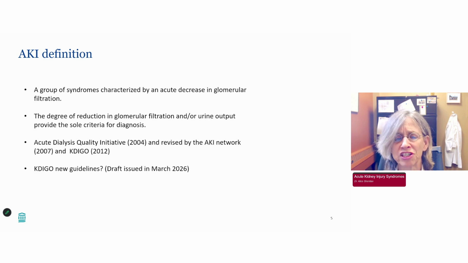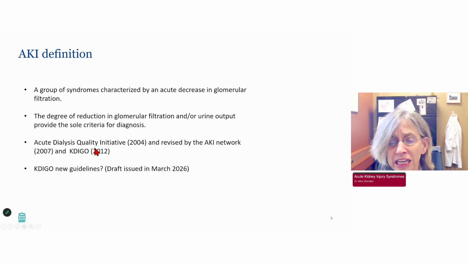AKI is a group of syndromes that are all characterized by an acute decrease in GFR, and the degree of reduction in GFR and/or urine output currently provide the sole criteria for diagnosis. This was first developed by the Acute Dialysis Quality Initiative, revised by the Acute Kidney Injury Network in 2007, and finally, and remarkably most recently, published by KDIGO in 2012.